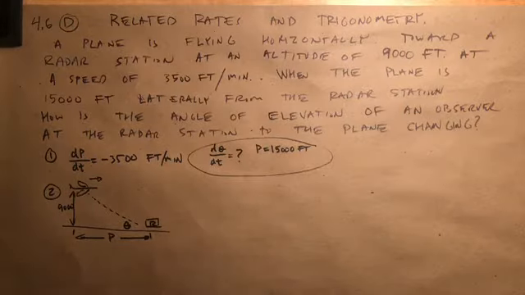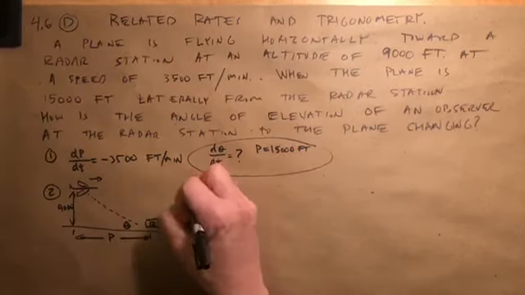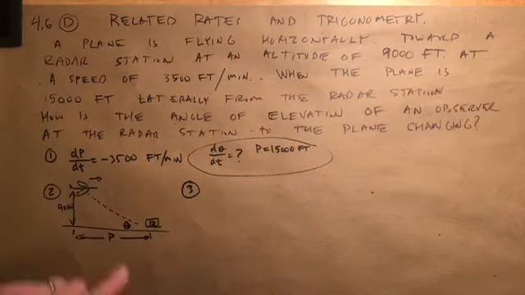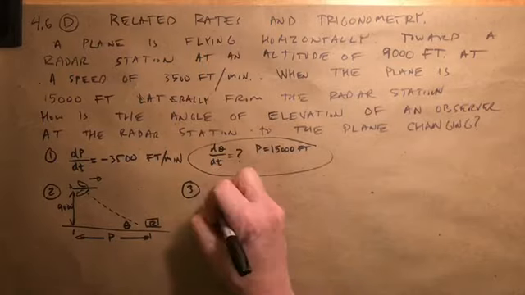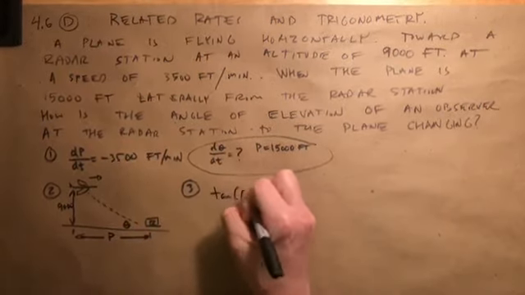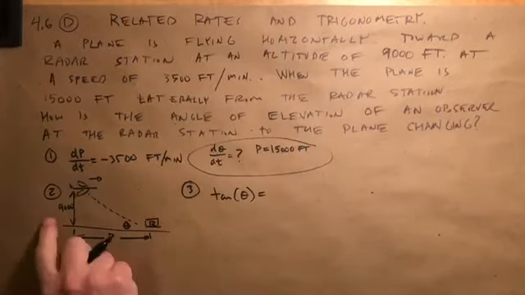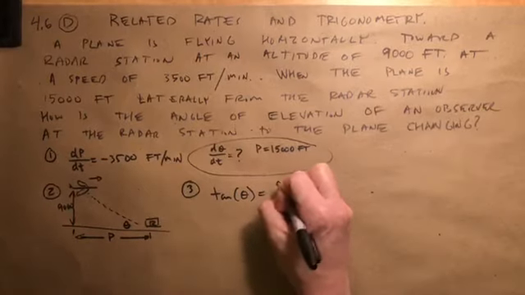Okay, so once we have our picture, now we're going to construct our relationship. If I have an angle, the opposite side and the adjacent side, oh, you know, that's tangent. And we're looking at 9,000 over p.